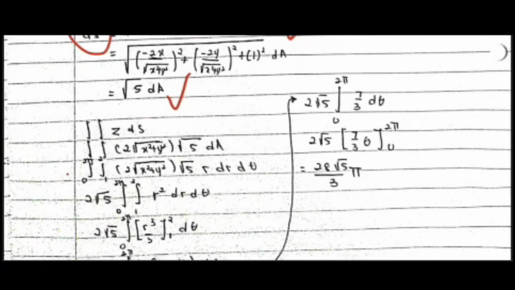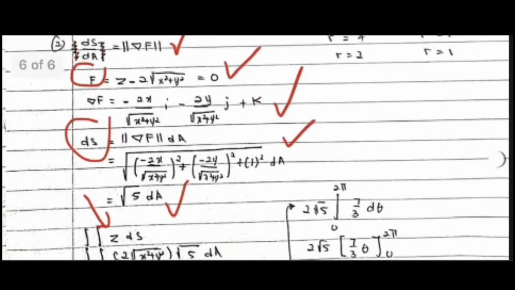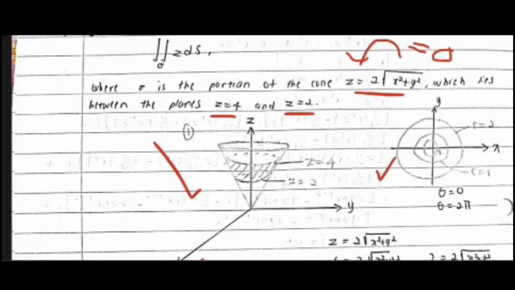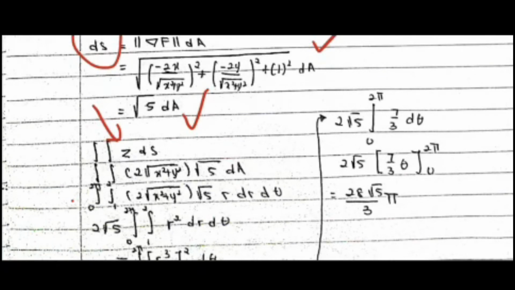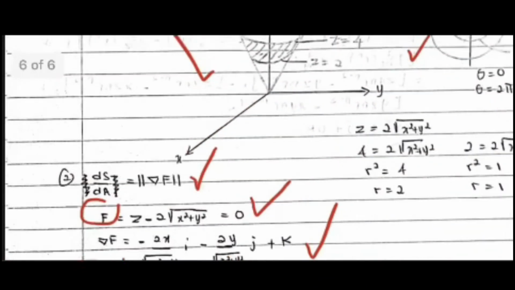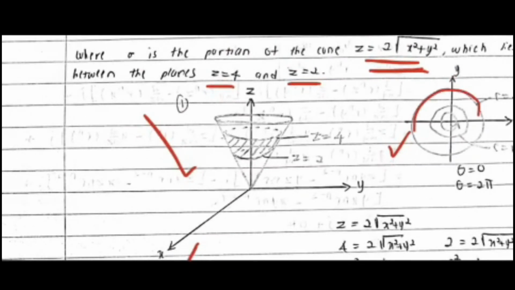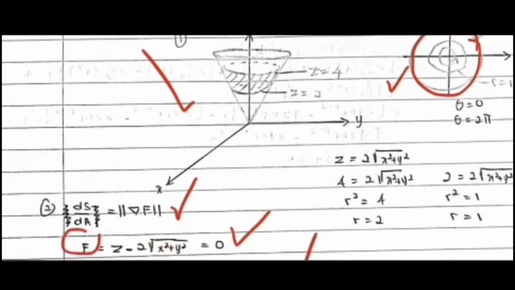Next, we need to integrate z ds, where z, we found from the equation, is equal to 2 square root of x squared plus y squared. And for ds, we just substitute this in. For dA, we change it into r dr d theta because from the xy plane we got a circle here, so it is easy for us to integrate.